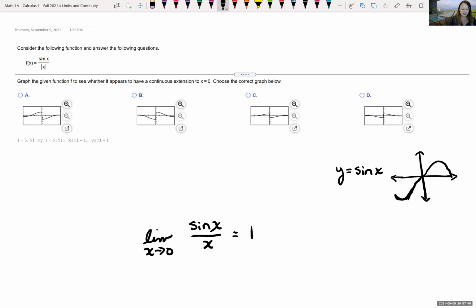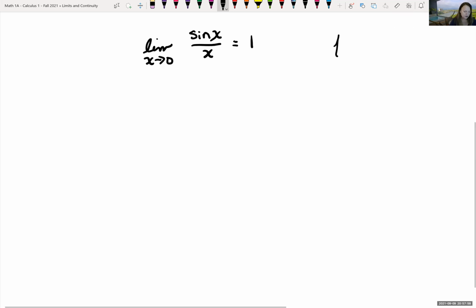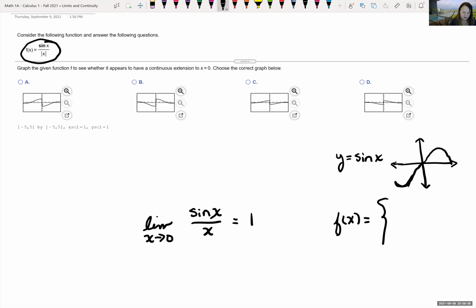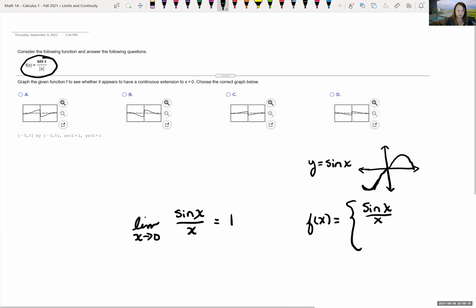And the absolute value of x, remember, if we have an absolute value, we can rewrite that with a piecewise function. So let's rewrite f of x without that absolute value sign. So I can say f of x is equal to sine x all over positive x, or just x, if our x value is greater than 0.